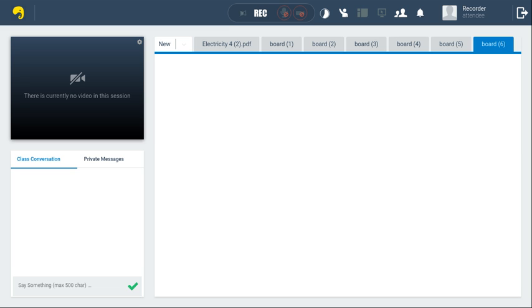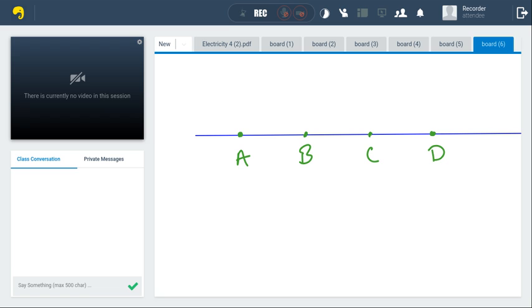Let's look at a voltage in series. Now what in series means is just running along the one line. So let's make our points: A, B, C, and D. Between any two of these 4 points, we would have a voltage.